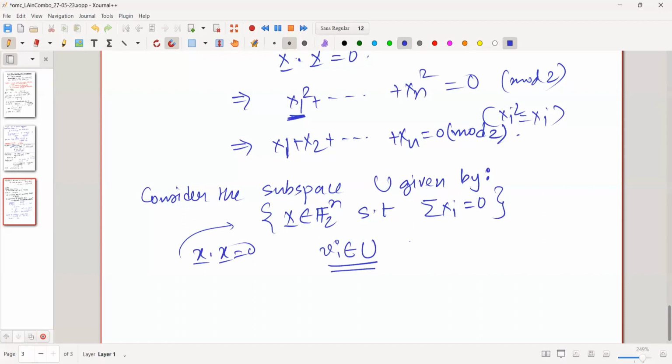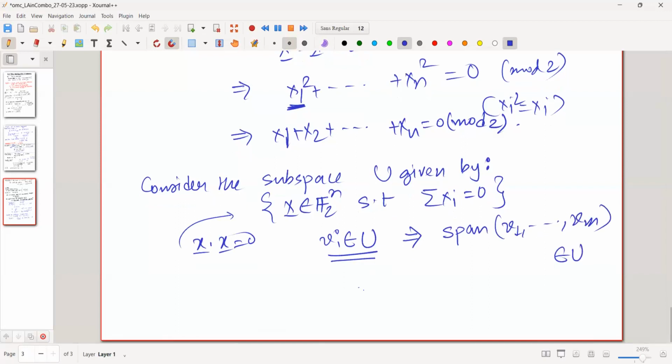So now I know all the Vi's belong to U, and this means that the span of all the Vi's must also belong to U. But obviously U is not the entire F2^n. For example, consider the vector with a 1 in the first place and 0 everywhere else. The sum of the coordinates is 1, which is not 0, and hence that vector is not in this subspace U. So U is not F2^n, which implies that the dimension of U is at most n minus 1.